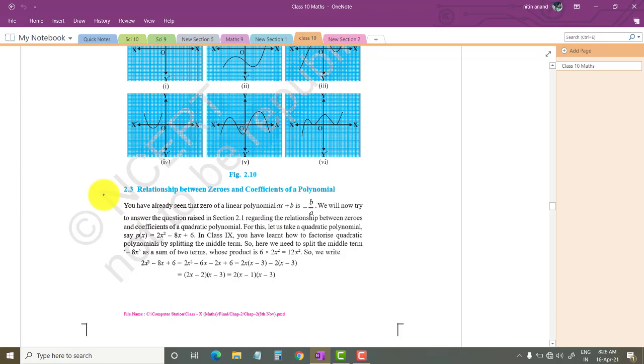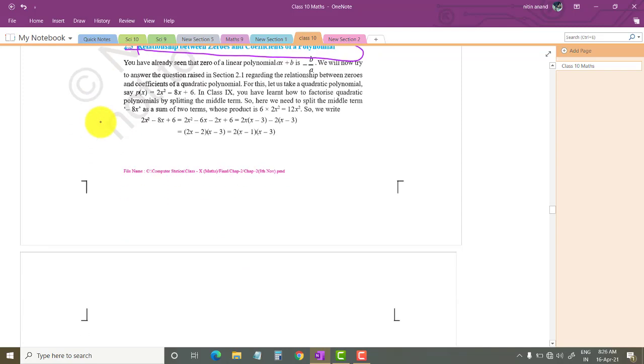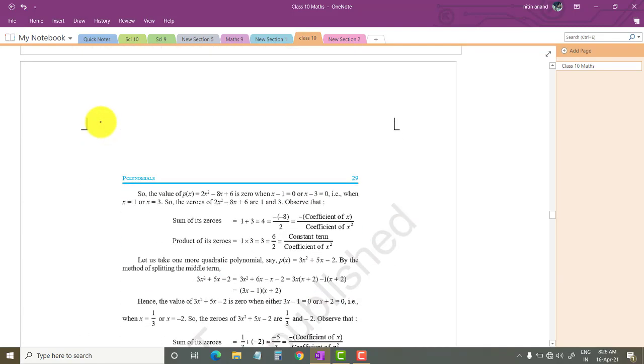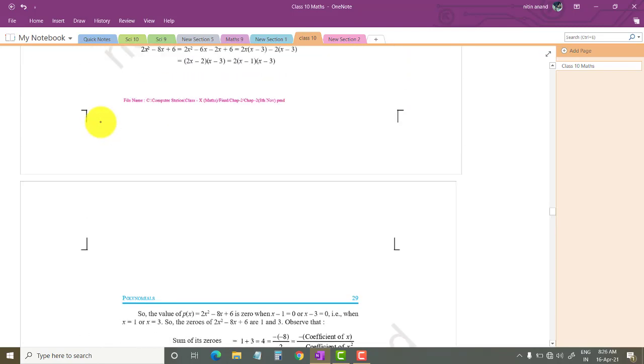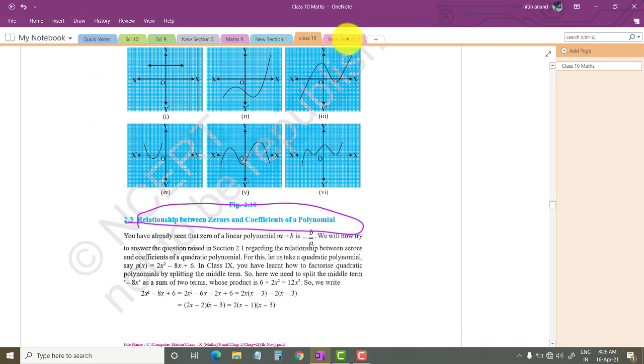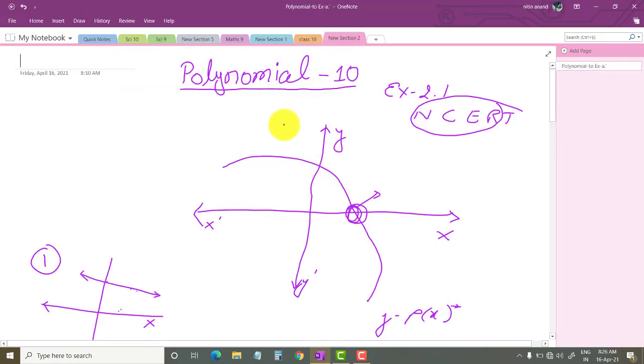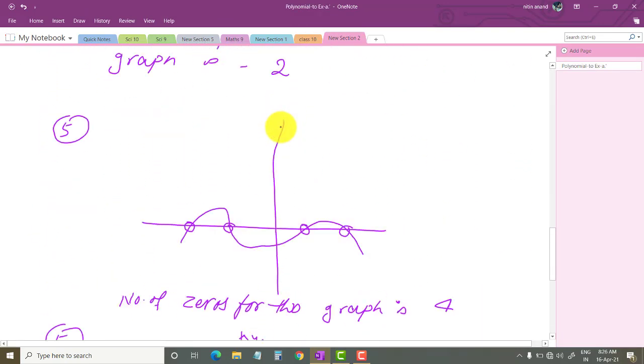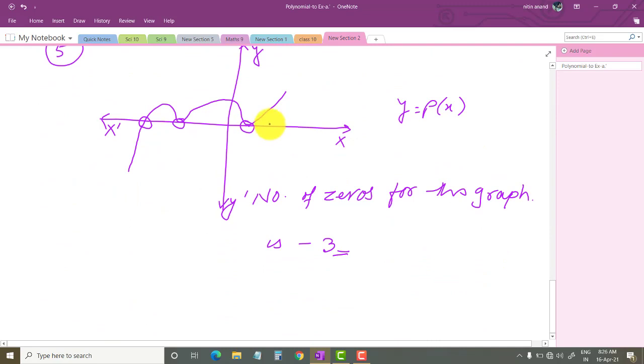Now our next point is the relationship between zeros and coefficients of a polynomial. We have to read the relationship between coefficients and zeros of a polynomial now. Firstly, we discuss this in a new section page.